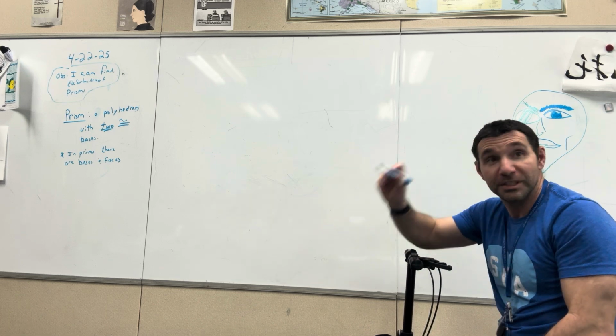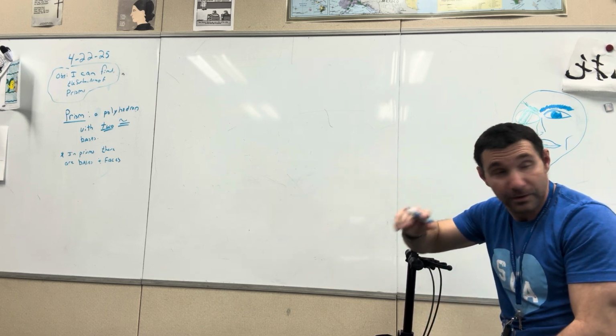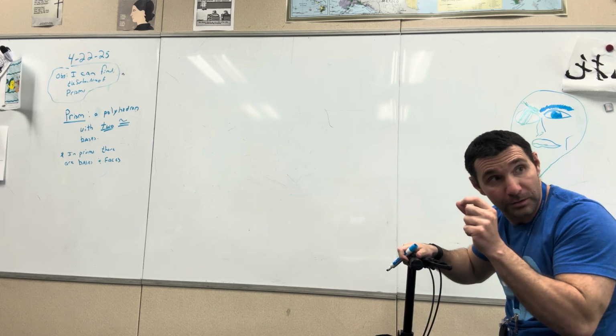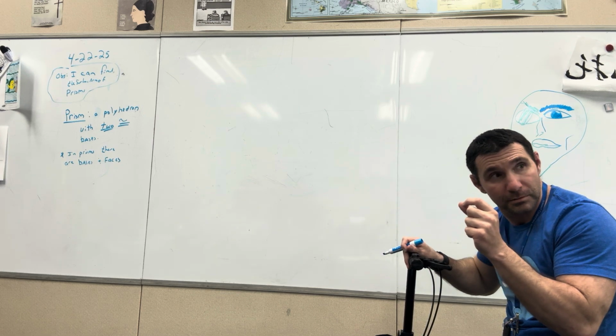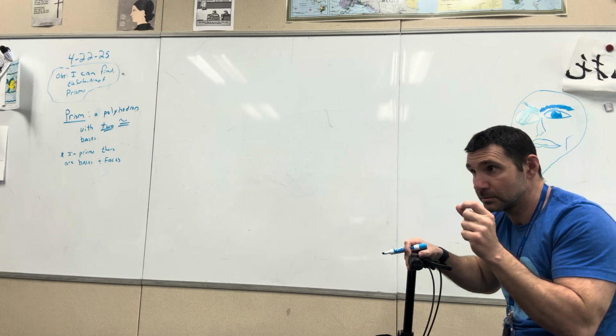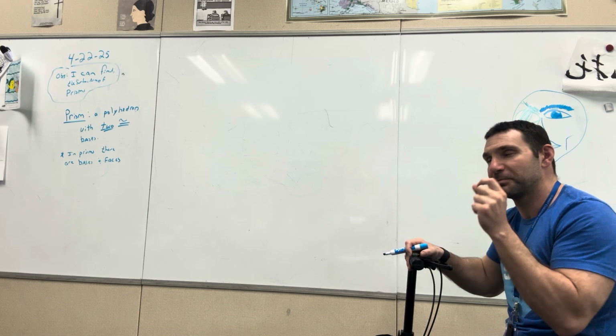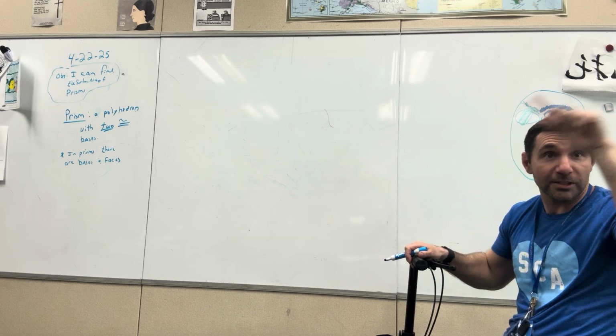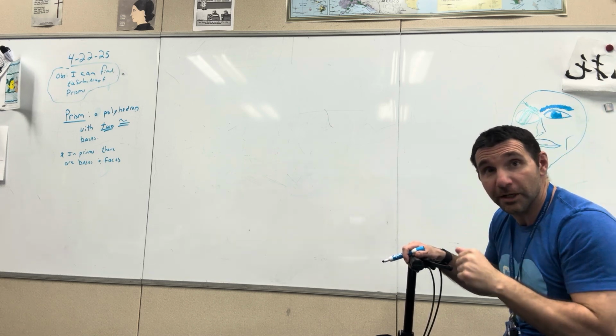Polygon, which have straight sides, no curves, don't intersect. A circle, is that a polygon? No, a circle has a curve. As soon as there's a curve, it is not a polygon.